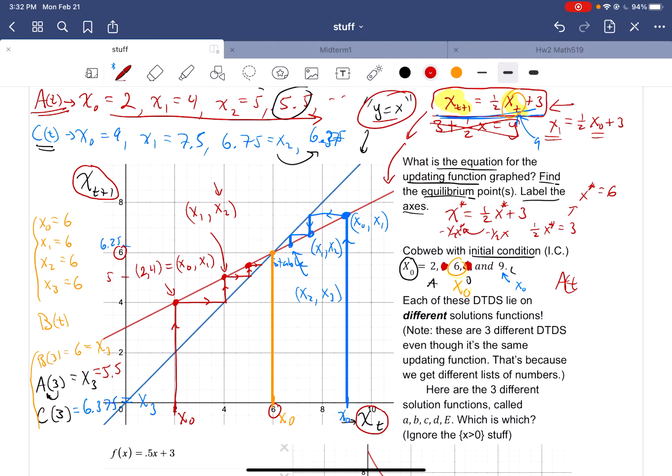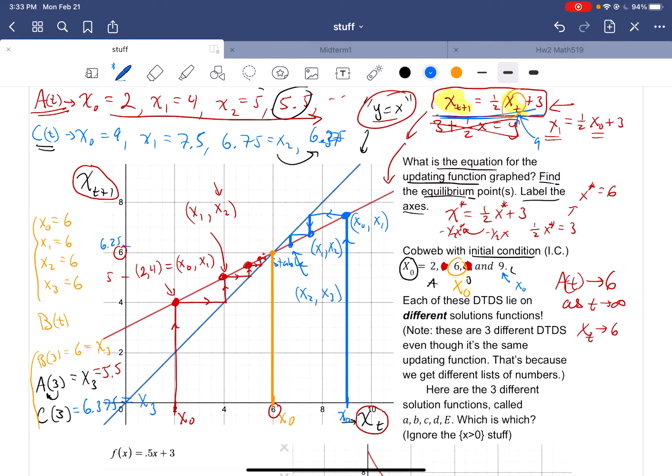A of t, whatever it looks like, I claim heads towards 6 as t heads towards infinity, which simply means if I continue plotting these points in cobwebbing, they are heading towards 6. It's saying x sub t is heading towards 6 for my red path.